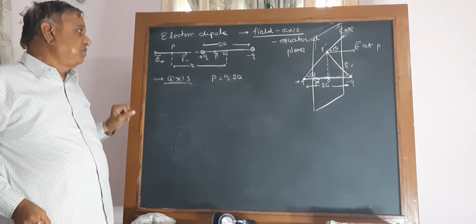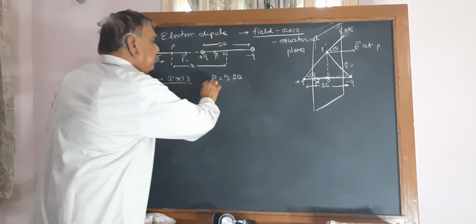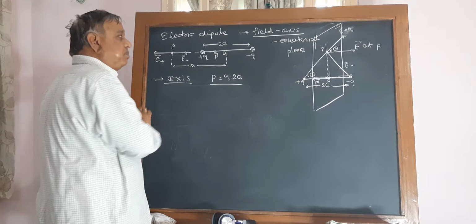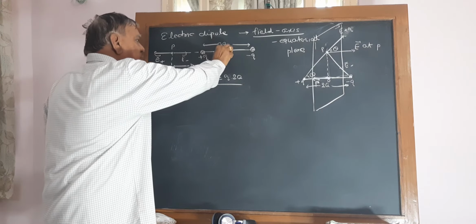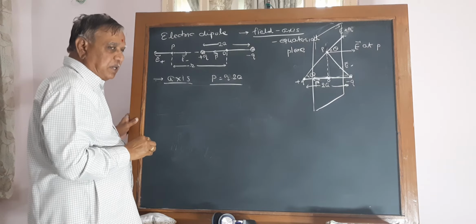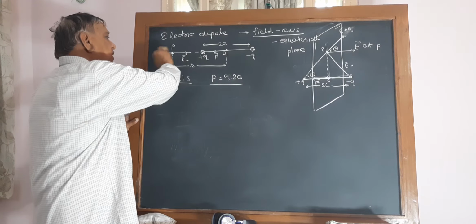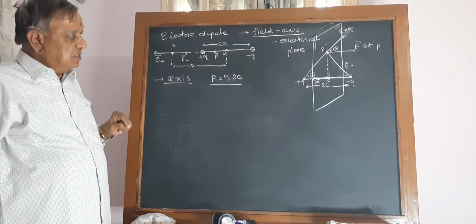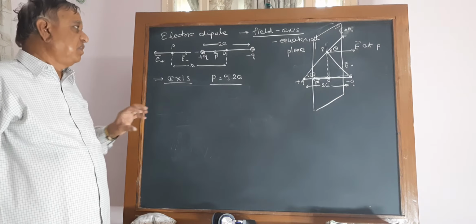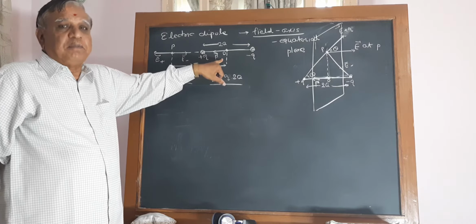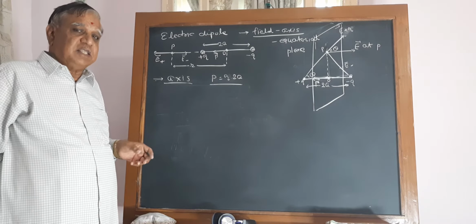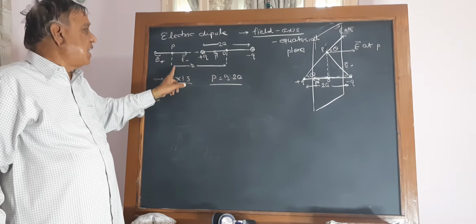The midpoint of the dipole is O. We have to determine the field at point P lying on the axis at a distance r from the midpoint.